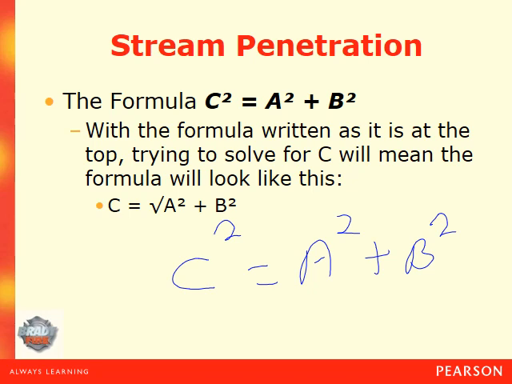So if you take the square root of both sides, you will get c equals the square root of a squared plus b squared. So now we just need to figure out what a and b are.